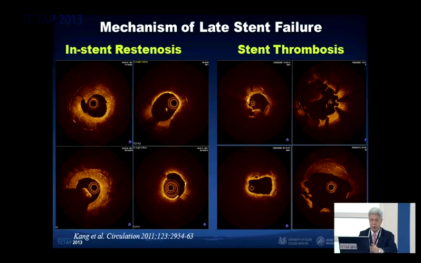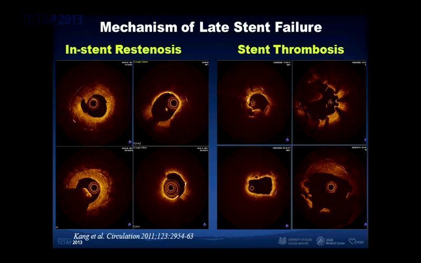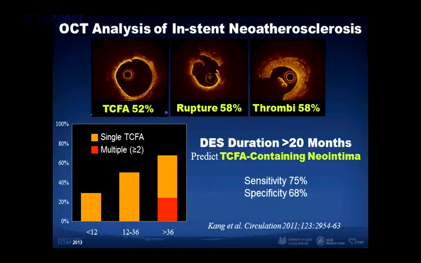Also, Dr. Kang already reported there are several mechanisms of late stent failure. As you know, in-stent restenosis or stent thrombosis is very frequent in cases with stent failure. And if you find a lipid-laden tissue, such as neoatherosclerosis, it might be the cause of these late stent failures.